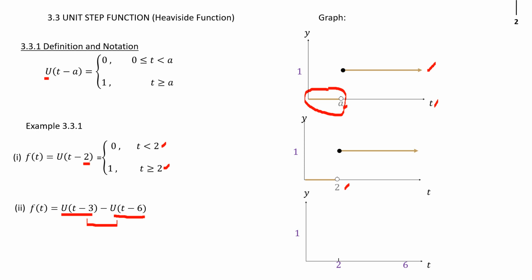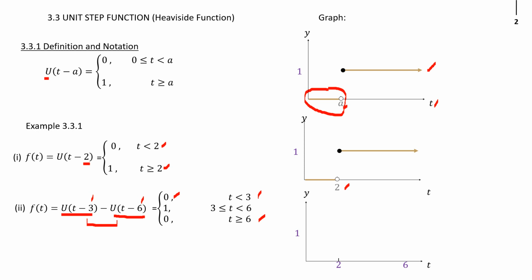So the piecewise function: you can see 3 and 6 here. If t is less than 3, it equals 0. If t is greater than or equal to 6, it equals 0.